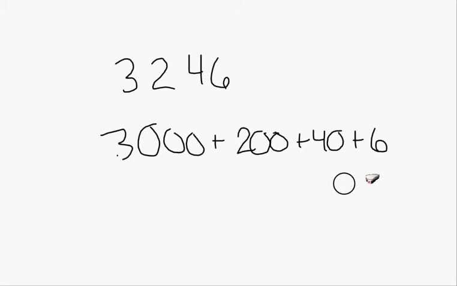So we use that idea of place value to help us do multiplication. So if we look at an example like 3 times 242, let's kind of look at what we did before.